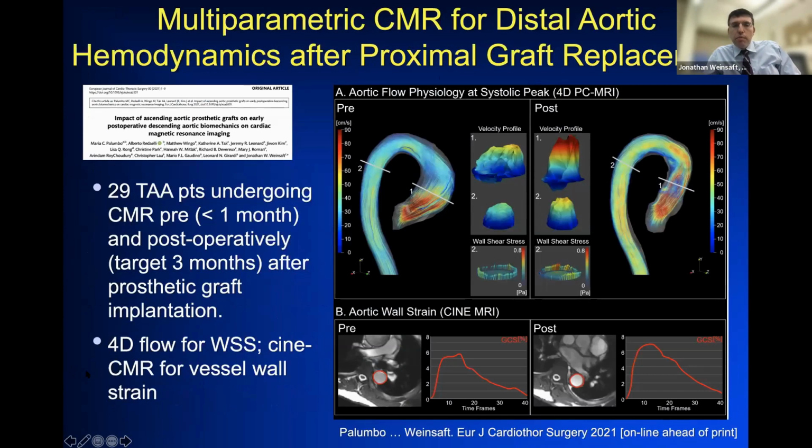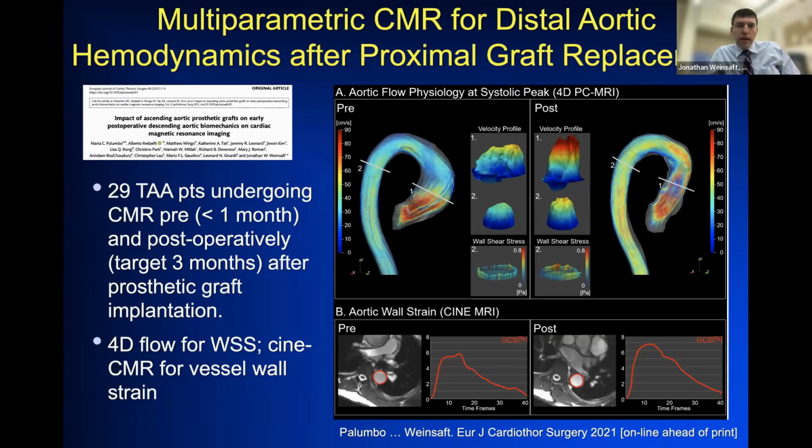With regard to therapeutic response, our group has been particularly interested in the impact of proximal grafting on downstream flow physiology, an area in which we've similarly used four-dimensional flow as an investigative tool. Now, I showed you some of our data initially looking at pre- and post-operative patients, looking at functional data.